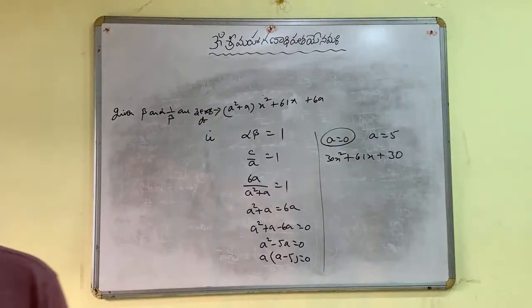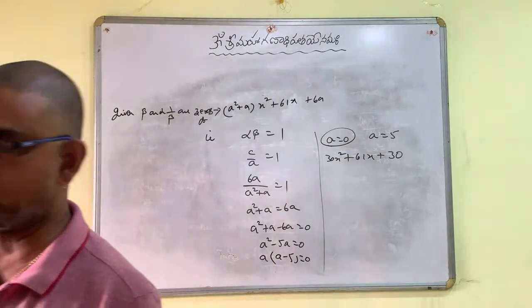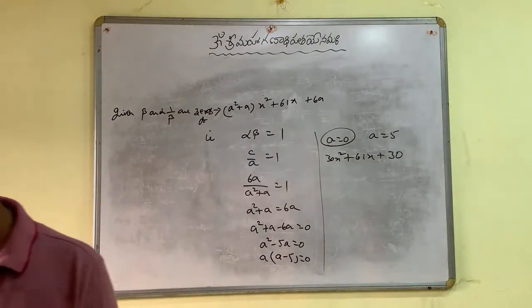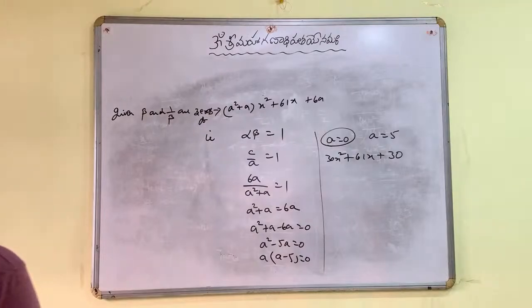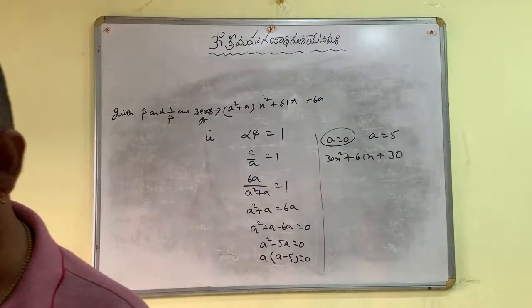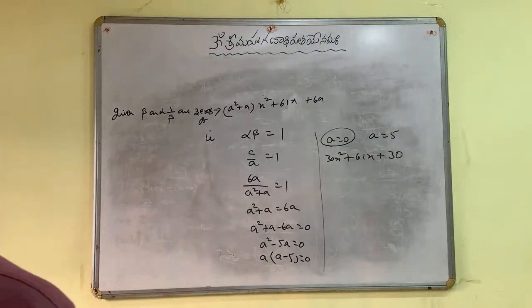What is BOCX? Parallelogram, because diagonals bisect each other. Then you can say that BO is parallel to CX and OC is parallel to BX, and they are equal also.